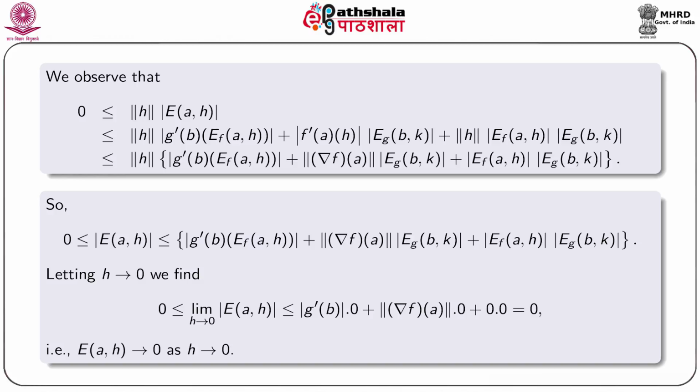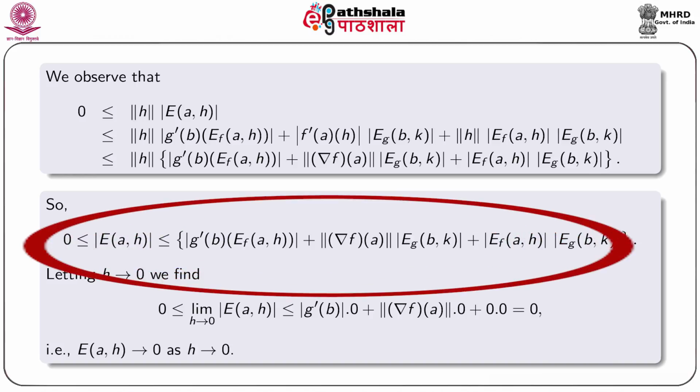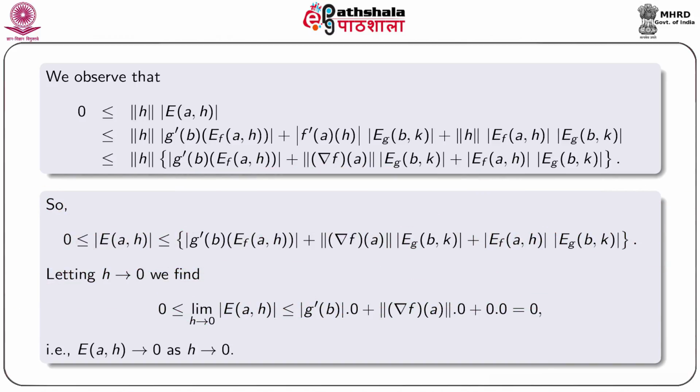So, we can write this as norm of grad f(A) multiplied by norm H. So, we have modulus of E(A,H) less or equal to the sum of the terms g'(B) E_f(A,H) plus norm grad f(A) mod E_g(B,K) plus mod E_f(A,H) mod E_g(B,K).